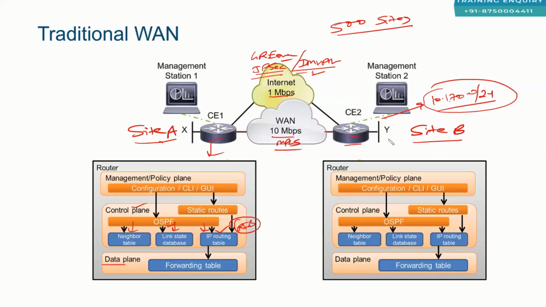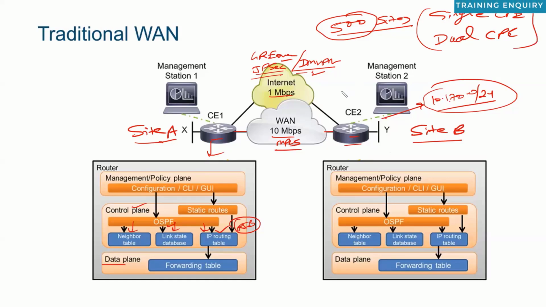Because if you have configured a policy, then you would need to update that policy across all 500 sites, which means you may have 600, 700 routers, because some of the sites would be single CPE sites for the customer, and some of them would be dual CPE sites. So if I say 500 sites, it does not necessarily mean you would have only 500 managed routers.